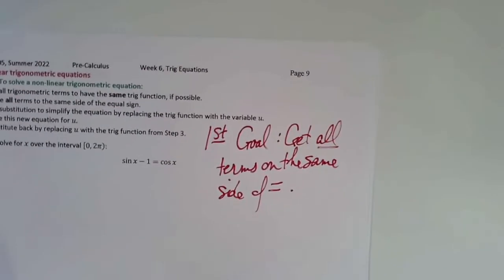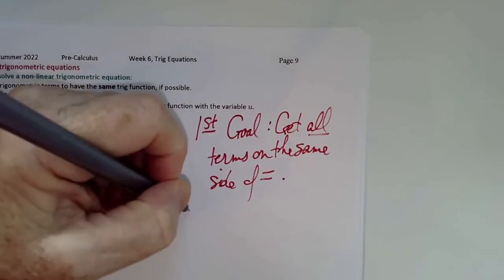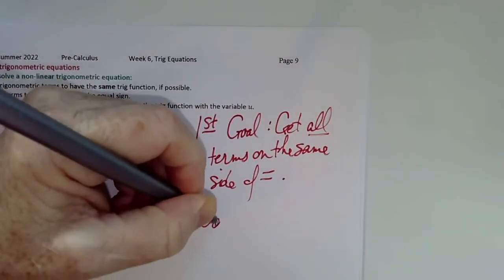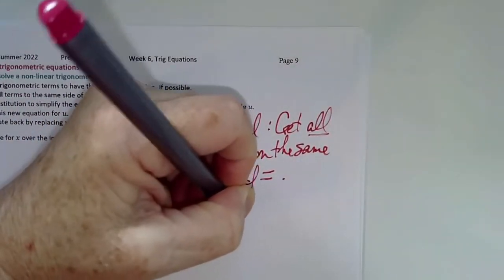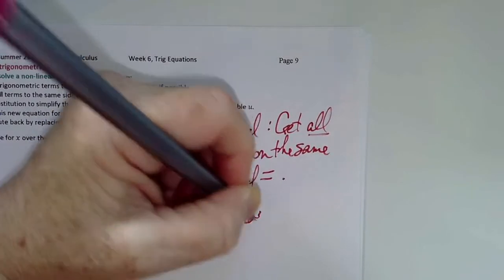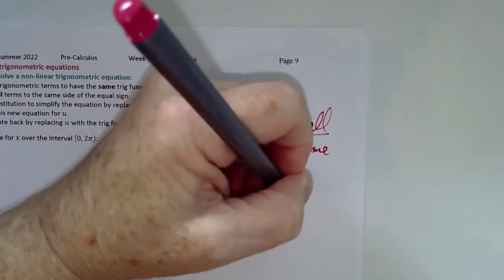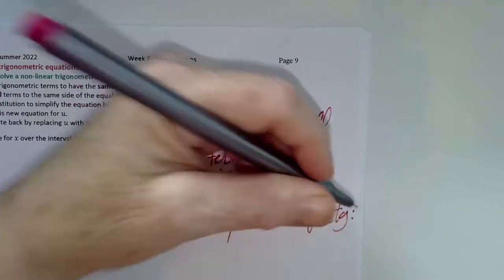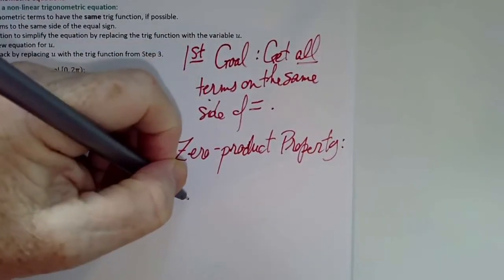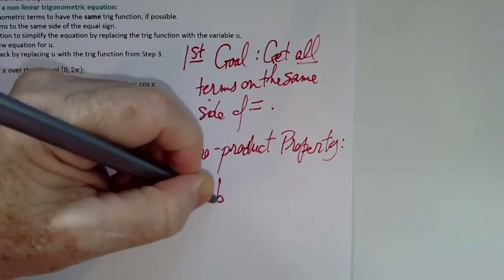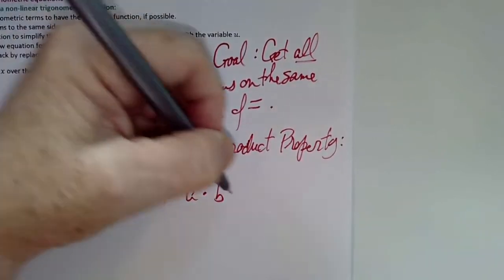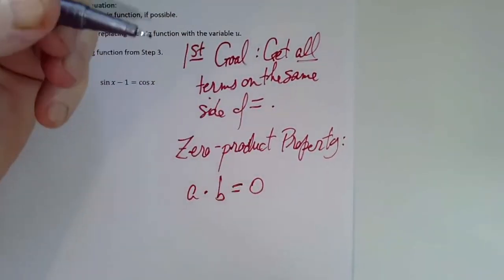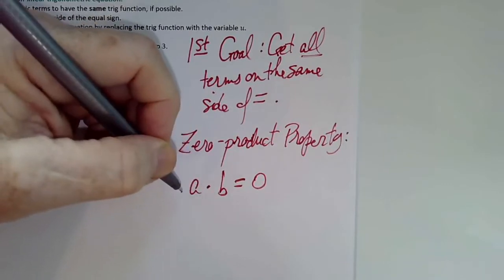because we're going to use something called the zero product property. And that says if I have two things that are multiplied and they equal 0, one of these things must be 0.